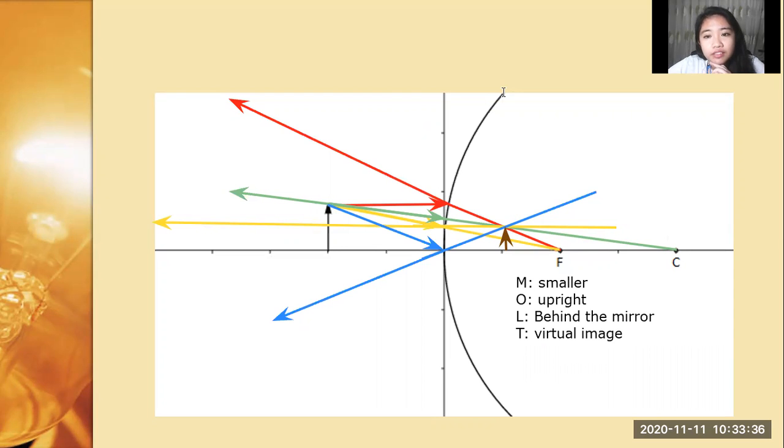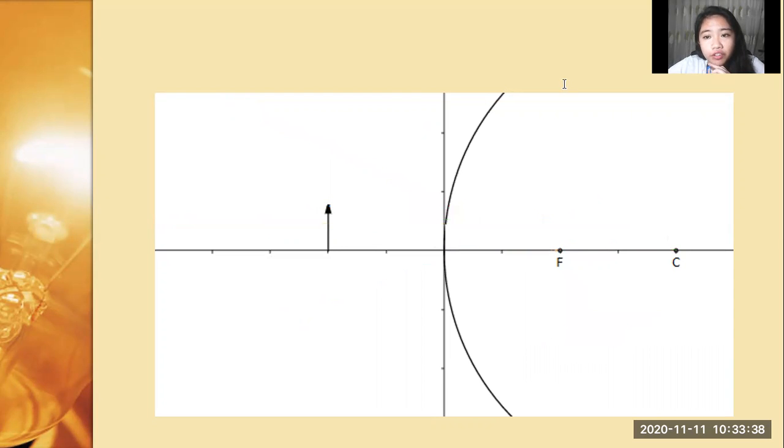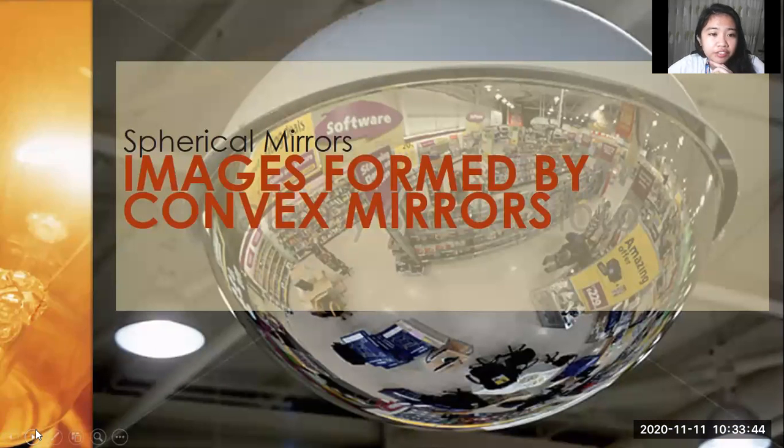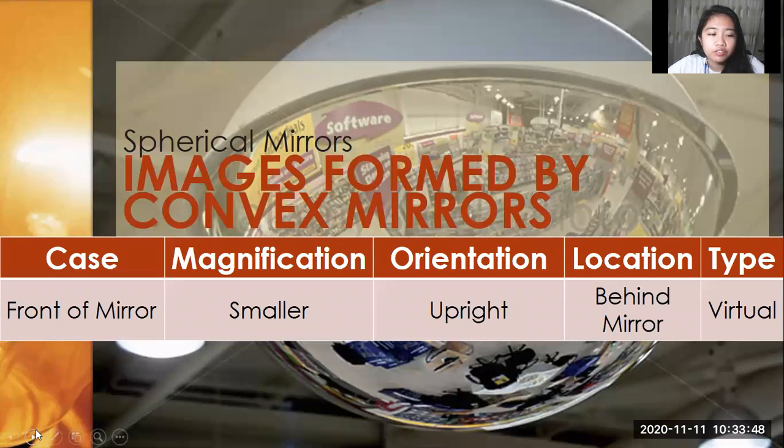Next, we only have one case for convex mirror, and that is this one. So this is a summary for the images formed by convex mirrors. We only have one case, it's everything in front of the mirror. The magnification will always be smaller. The object will always produce an upright image. The image is formed behind the mirror and the type of image is always virtual.